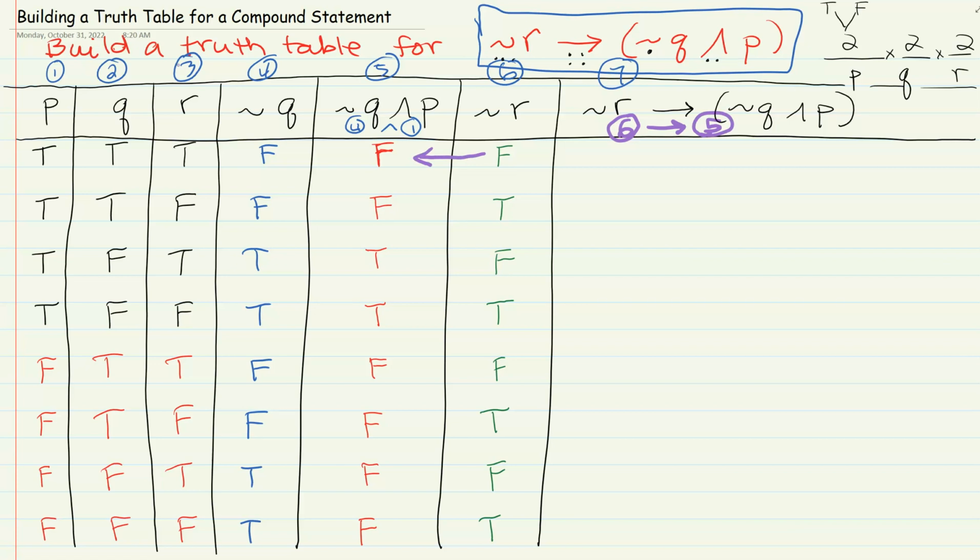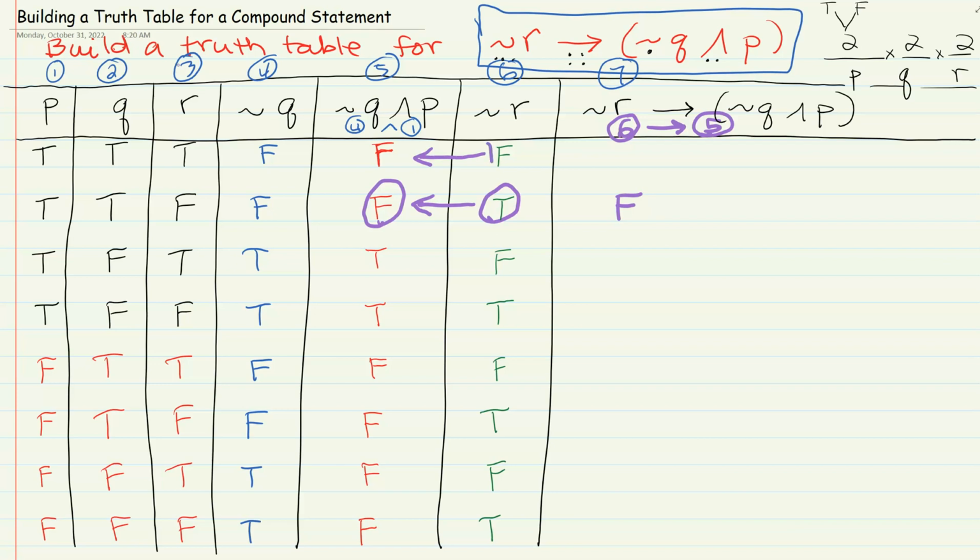So how does if-then work? The hypothesis has to be true in order for the statement to be considered. The only time the if-then statement is false is if the hypothesis is true, but the conclusion is false. That is the only time that statement would be false.